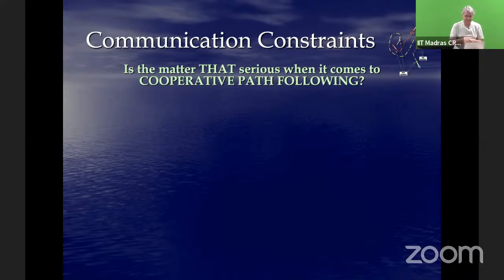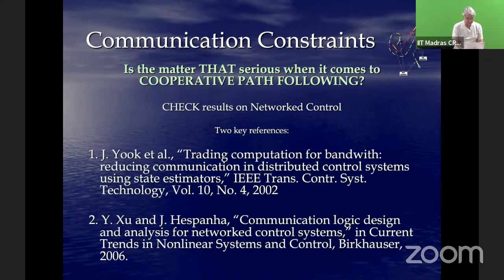And that would defeat the purpose of implementing this scheme, because how would you ever be able to implement it if you need to communicate so much? So fortunately, there were some results around on network control, and these two papers were key, by Yook et al. and then Hu and Spong.